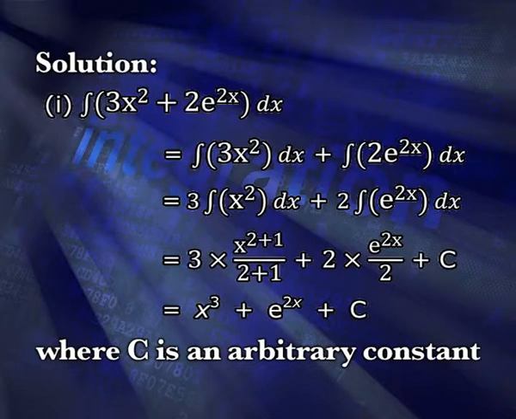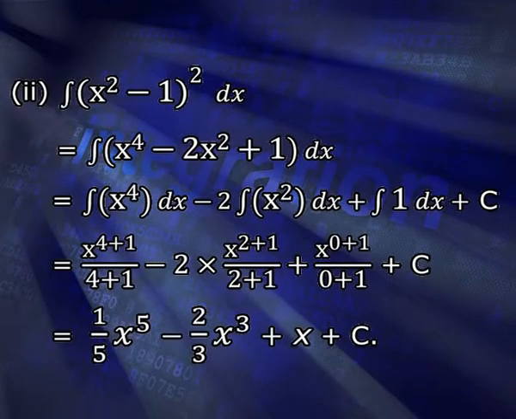Second, integration of (x to the power 2 minus 1) the whole to the power 2 dx. So this is the integration of x to the power 4 minus 2x square plus 1 dx. So that is the integration of x to the power 4 dx minus 2 times integration of x to the power 2 dx plus integration of 1 dx plus c.